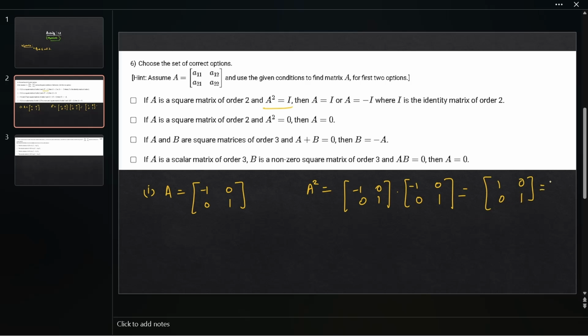So we indeed showed an example where A was neither I nor minus I, but still A square was equal to I. So this option is incorrect.